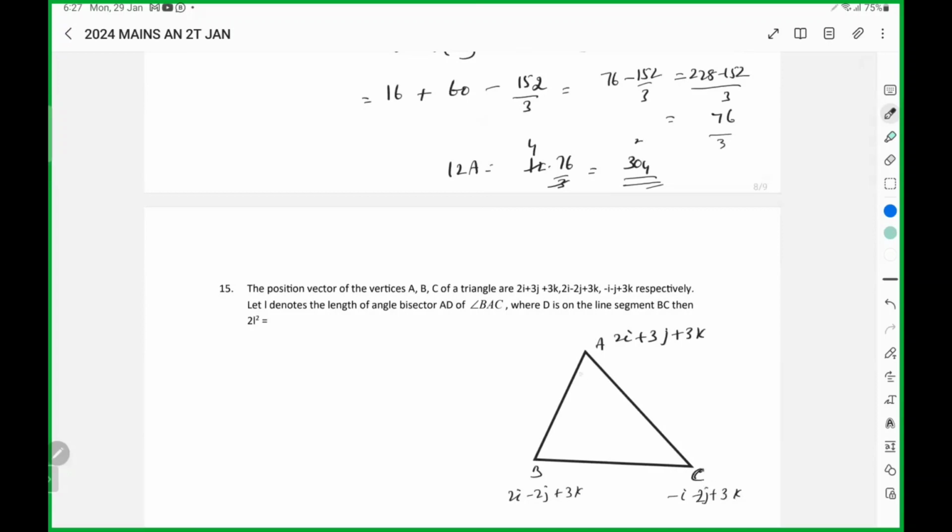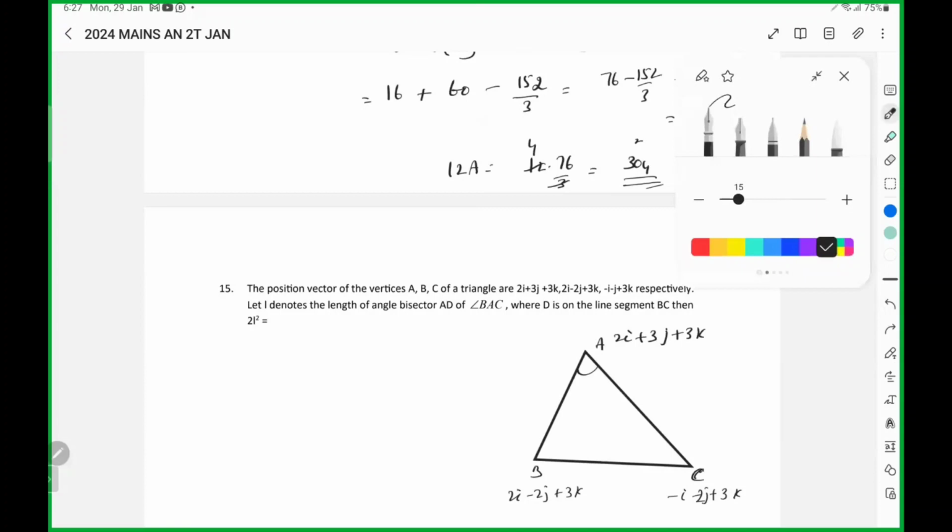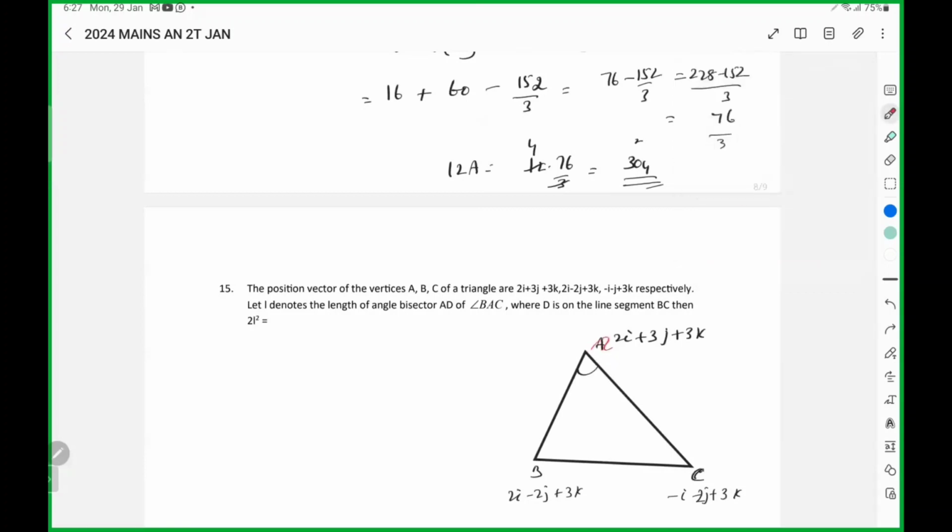So you have to find... D denotes the internal angle bisector of BAC, where D is on the line segment. So you have to find the AD length.